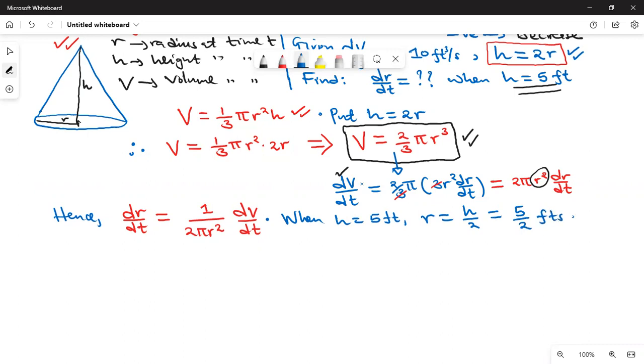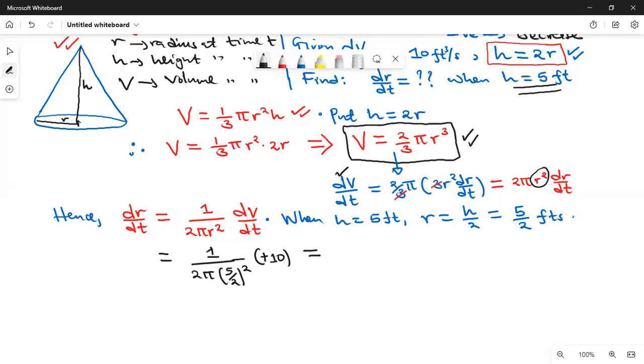Also, we are given that dV dt is positive 10. When I substitute these values into this equation, I get 1 over 2 pi, r is 5 over 2 squared, then times positive 10, which was dV dt.